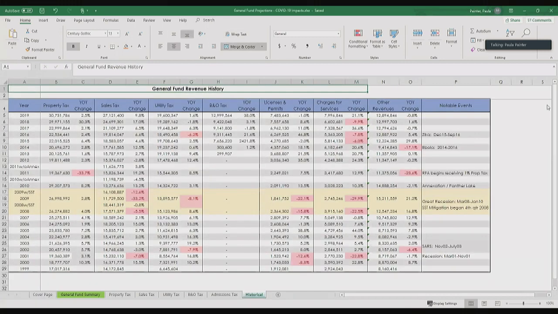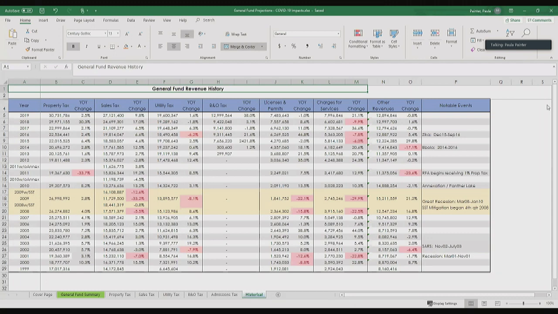The first tab that I'm going to show you is a look at the general fund's revenue history. It shows everything from 1999 to 2019. In the yellow section on this screen, rows 17 through 20, is the time frame of the Great Recession.